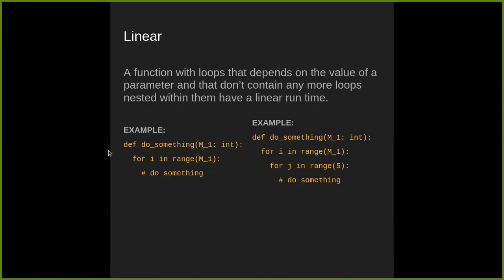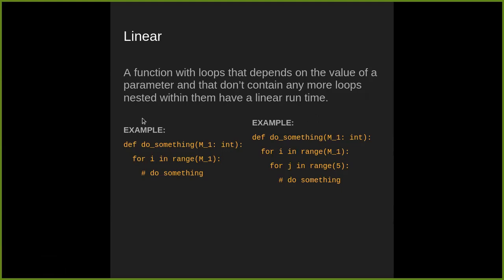A function with loops that depend on the value of a parameter and don't contain any more loops nested within them has a linear runtime. In this first example, there's a function called do something that has an integer parameter called m1. In this function, there is a for loop that goes from 0 all the way to m1 minus 1, and this function has a linear runtime.